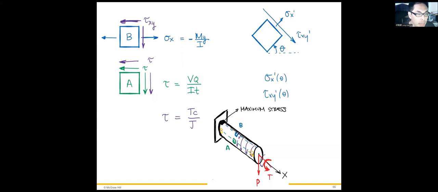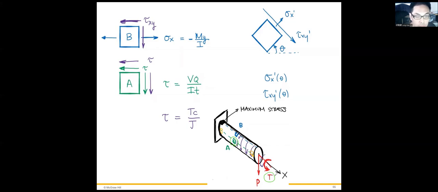Okay, so at point A, right here, what stress is applied to it? The torque T produces shear stress, right?